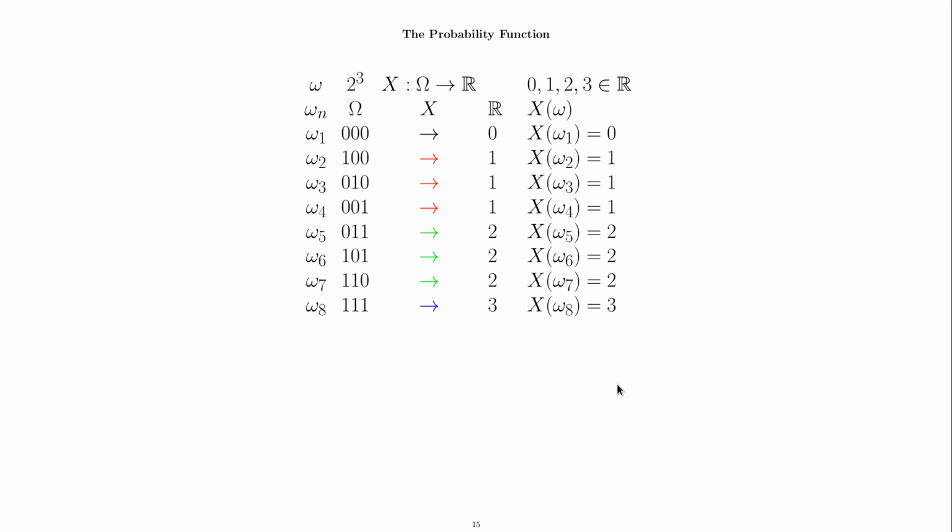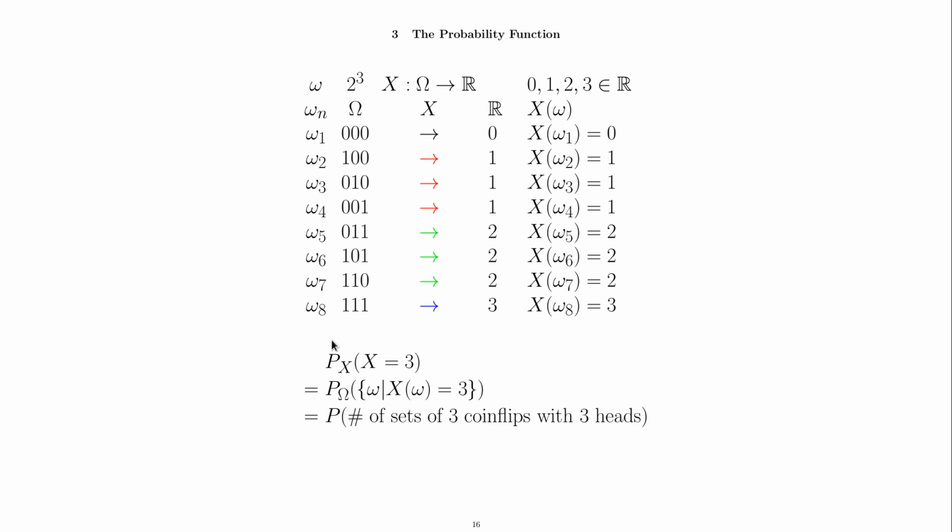But now we want to know how does probability enter into this? Because the reason why we're interested in X is that we want to be able to take probabilities of it. And so the way that this works is that we want to look at, let's say, the probability that X is equal to 3. So in this case, this is equivalent to saying the probability under omega of the set of all omegas where X of omega is equal to 3.